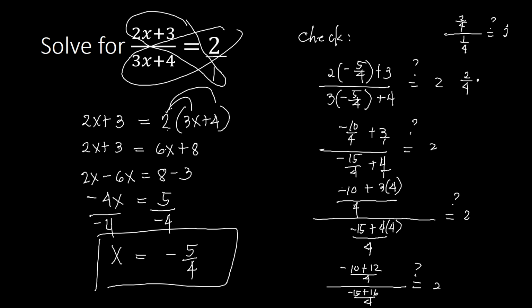That will be times 4 over 1. Will that be equal to 2? So we've got 2 times 4, that's 8. 4 times 1, that's 4. Will that be equal to 2? We've got here 2 equal to 2, and that makes it a correct solution. So therefore, we've got x, which is equal to negative 5 over 4, is our solution for our rational equations.